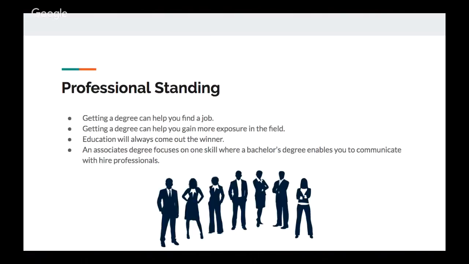And of utmost importance, obtaining a bachelor's degree in graphic design enables you to communicate on a higher level with other professionals. Communication is at the core of graphic design, and you will have a specific advantage if you're able to communicate with other professionals on their level.